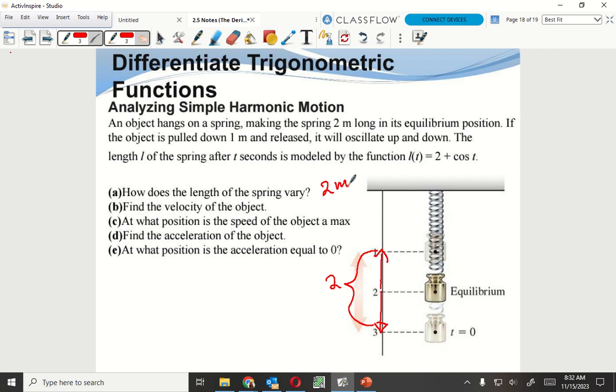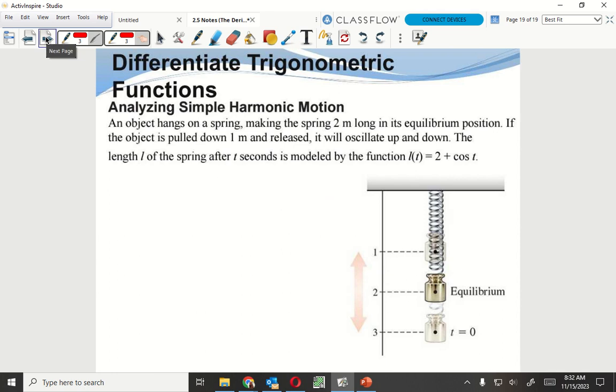Next one, velocity. What do I know about velocity? What is velocity? It's a rate of change. And what do we know about rate of change?